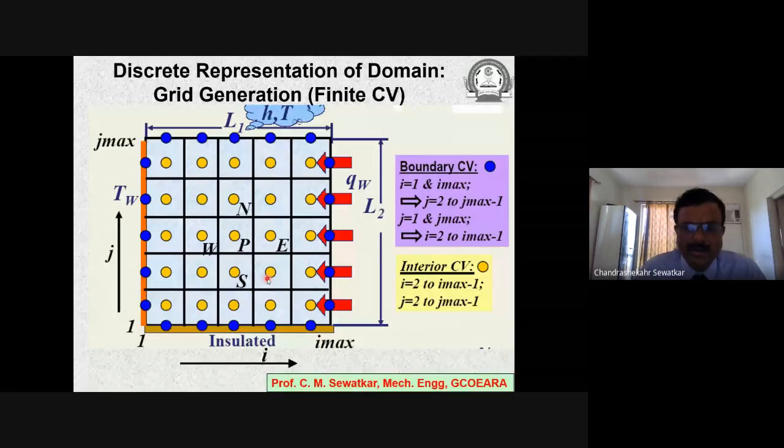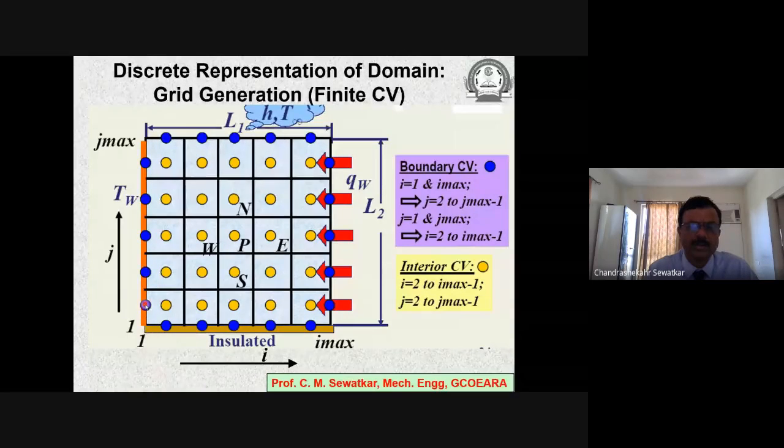Now, having identified these cell centers, they are required to be nomenclated. To nomenclate these cell centers, we use running indices like I and J. So I and J are nothing but the running indices with the help of which I can nomenclate these centers.